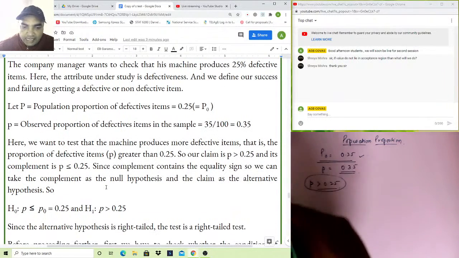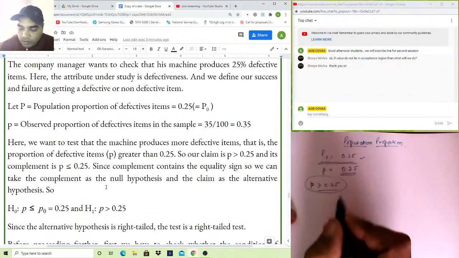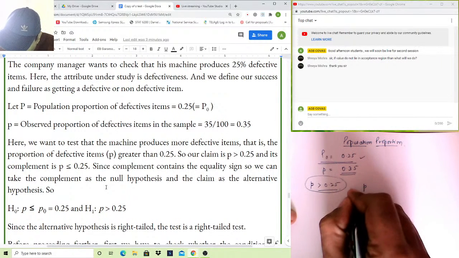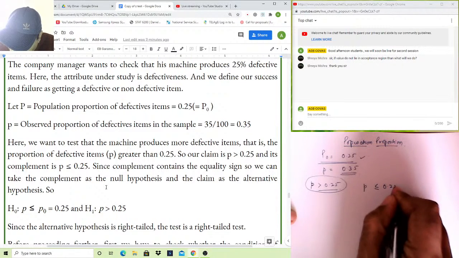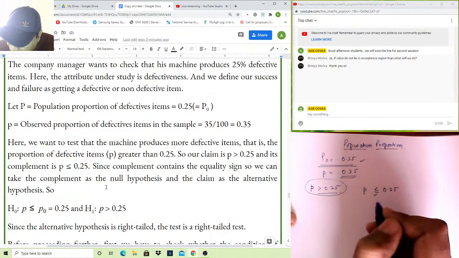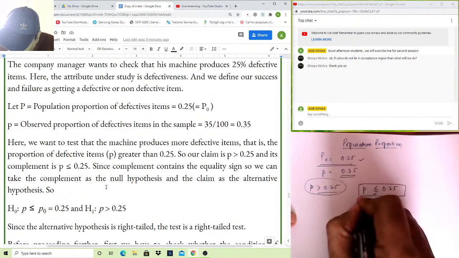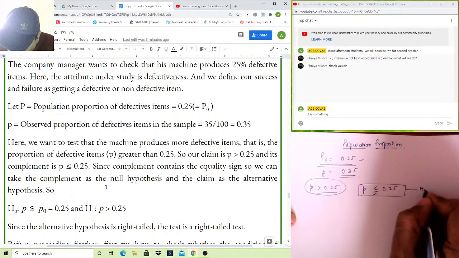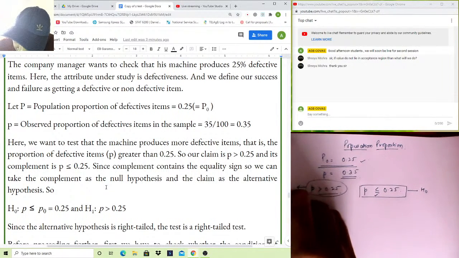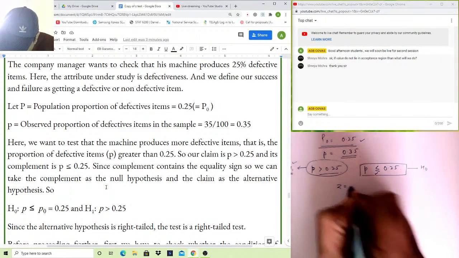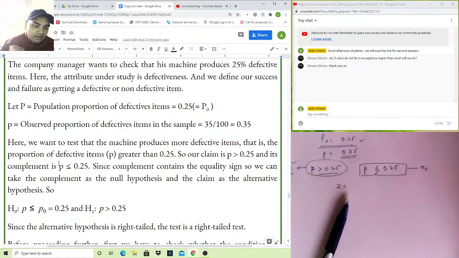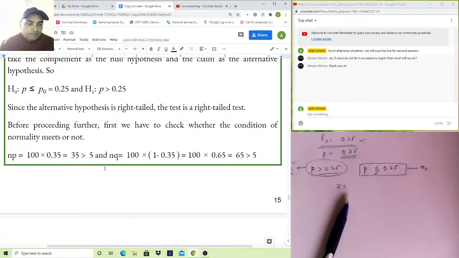Its complement is that P is either less than or equal to 0.25. Because there is an equality sign, this will constitute our null hypothesis, and the claim will constitute our alternative hypothesis.